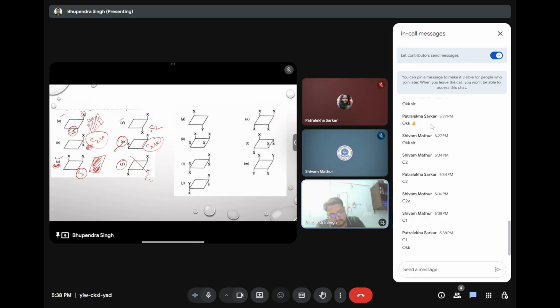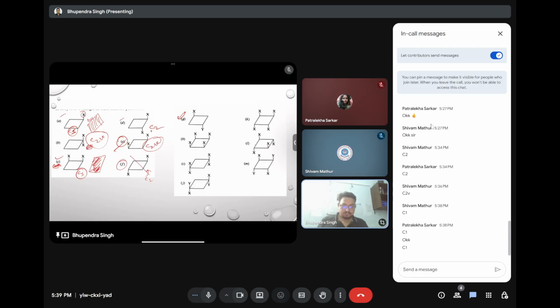Okay, what is the point group of molecule Z? C1, yes.